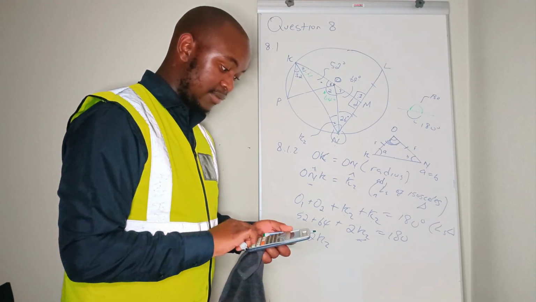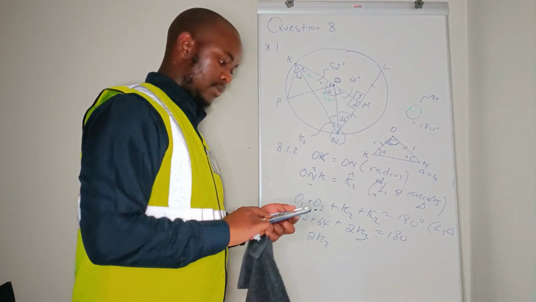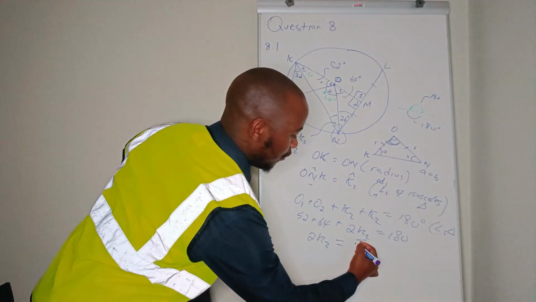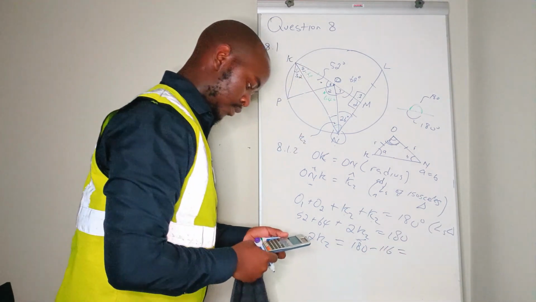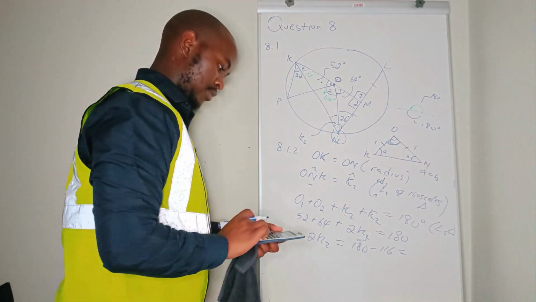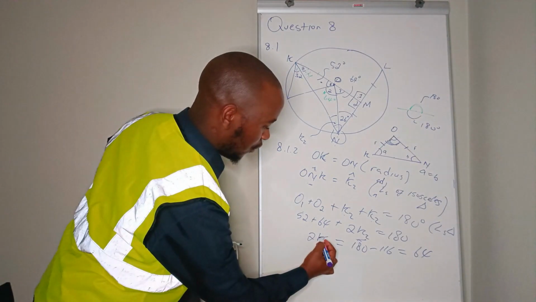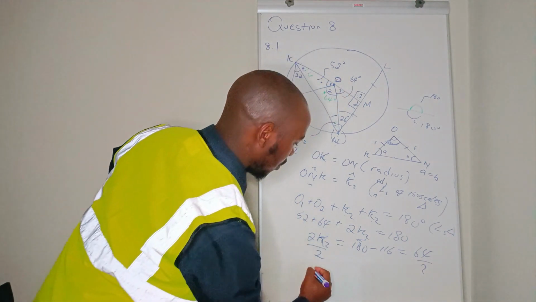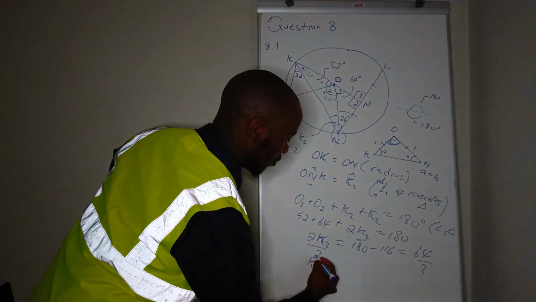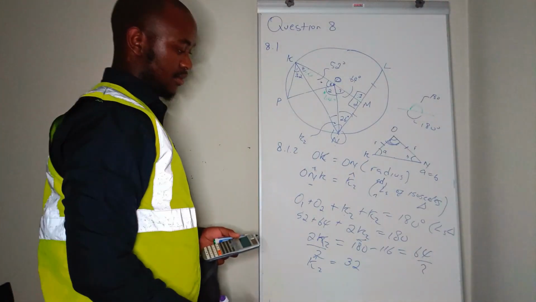Rather be safe. 64 plus 52 is 116, therefore it is 180 minus 116, which is equal to 64. So to find K2, we have to divide by 2 on this side and 2 here. So K2 is equal to 32.